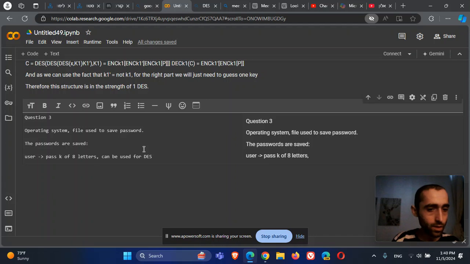We can use this key for this. 8 letters, so the key should be 64 bits, right? 64 divided by 8 is 8, so each letter is a byte. I don't know, maybe.